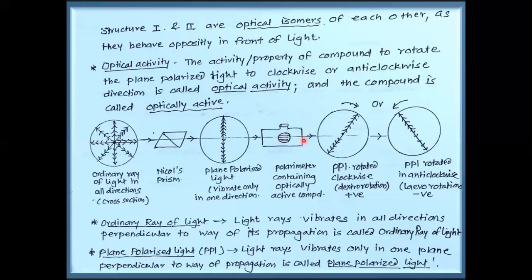Then the light coming out of this polarimeter, the emerging light, rotates the plane of the plane polarized light in the clockwise direction, the positive direction. The clockwise or positive direction rotation is called dextro rotation.